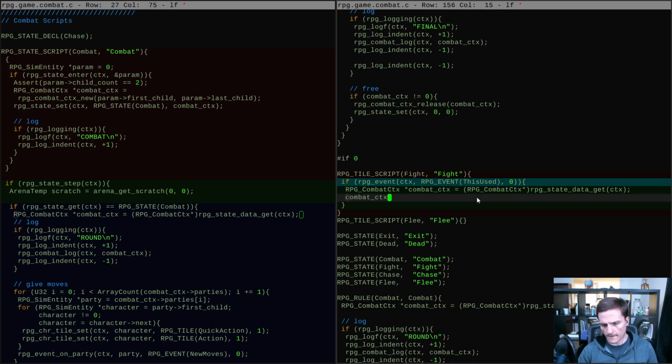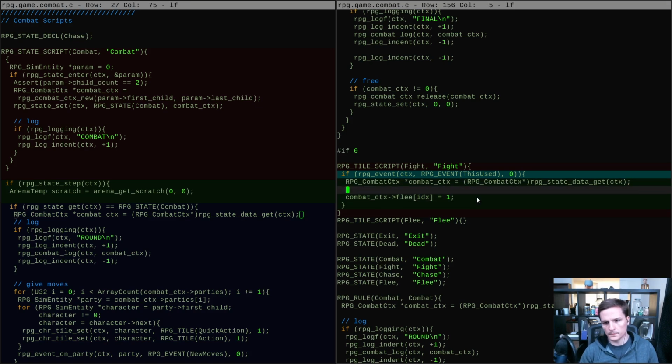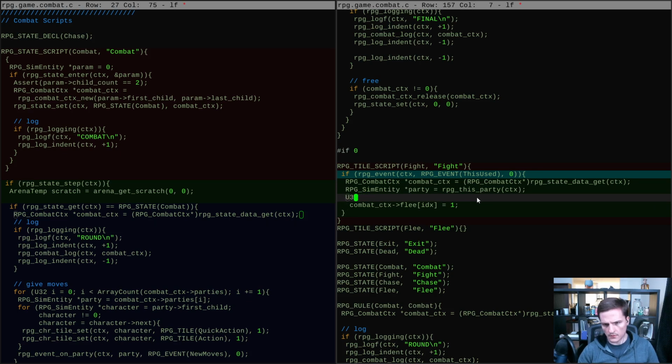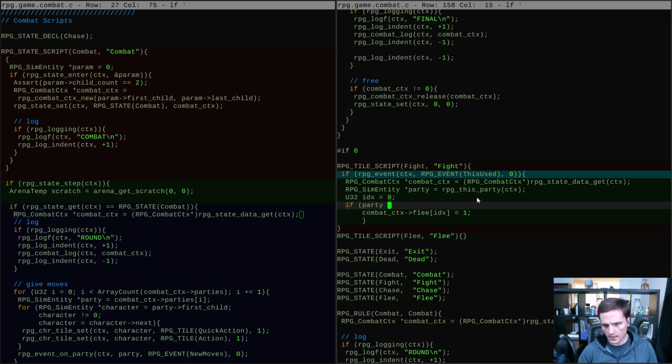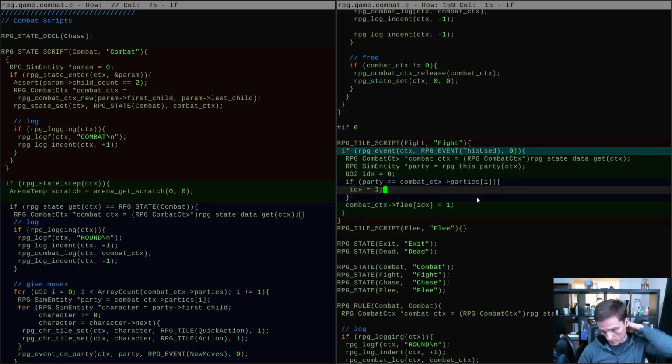Then you go, now you got to figure out which index this is, which means you have to get this party if, let's see, do index equals 0, if party equals combat context parties 1, then index equals 1.